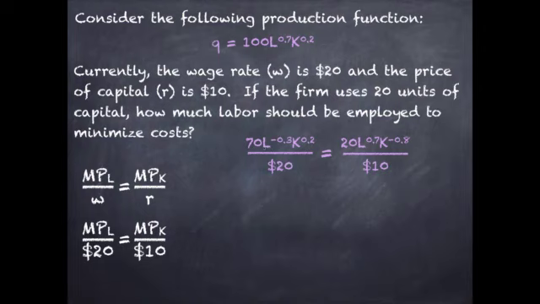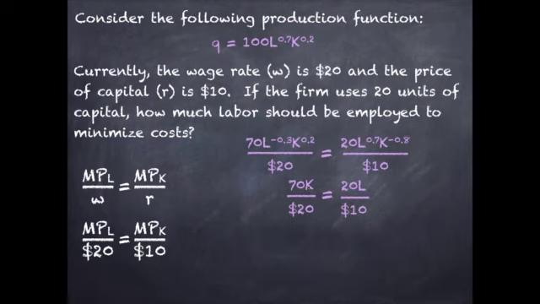So L to the 0.3 power multiplied by L to the negative 0.3 power is L to the 0 power, which is equal to 1. So this drops. And we have L to the 0.7 power multiplied by L to the 0.3 power. That's L to the 1. So rewriting that, we end up with 70K over 20 is equal to 20L divided by 10. So we have 70K divided by 20 equals 20L divided by 10.